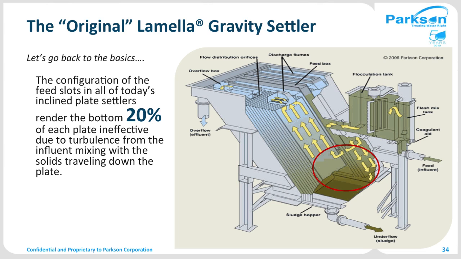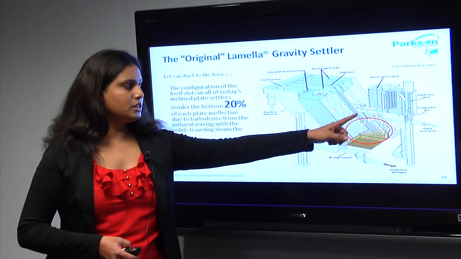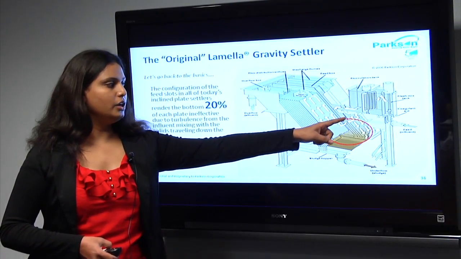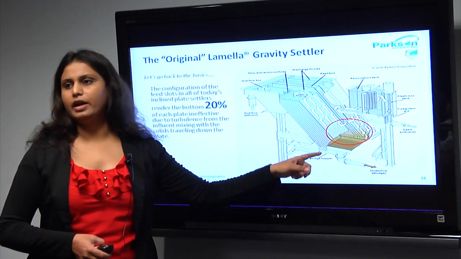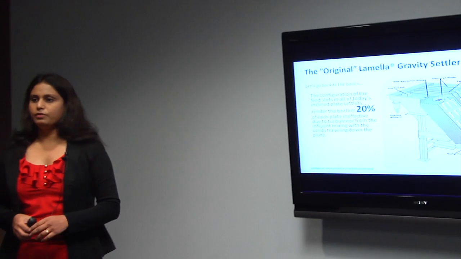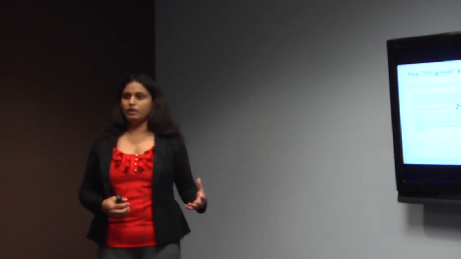The water comes in through this feed box and enters these feed slots, goes up, solids slide down. During this process, when the solids are sliding down and the water is entering through the feed slots, you are creating a turbulent zone right around this area. So that area cannot be used for designing purposes. You cannot say that's a clarification area that you can use. So you are pretty much losing 20% of the area around that region.